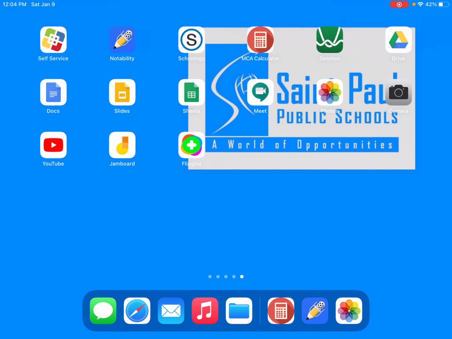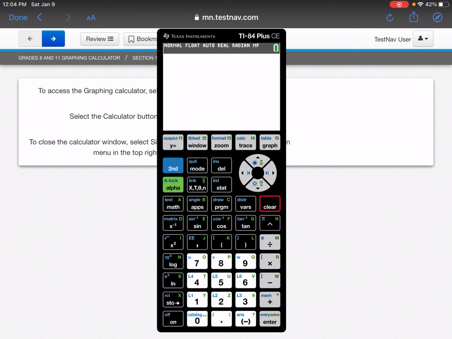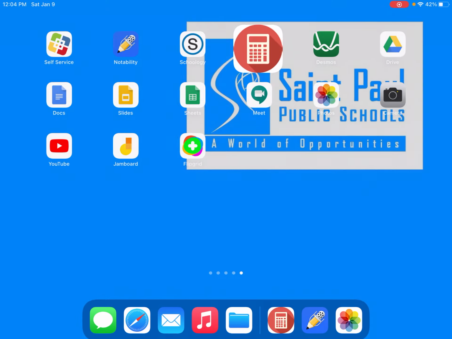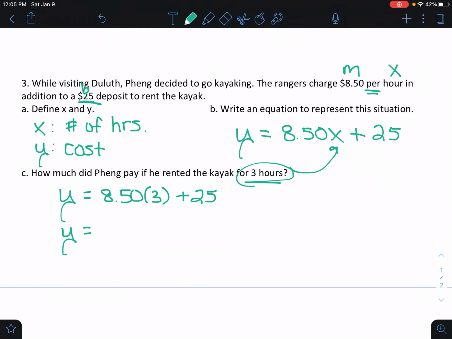So I'm going to go to my calculator: 8.50 times 3 plus 25. You can just type it in exactly as you wrote it, and you get 50.5.